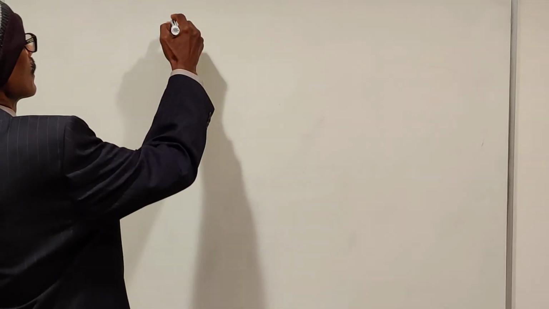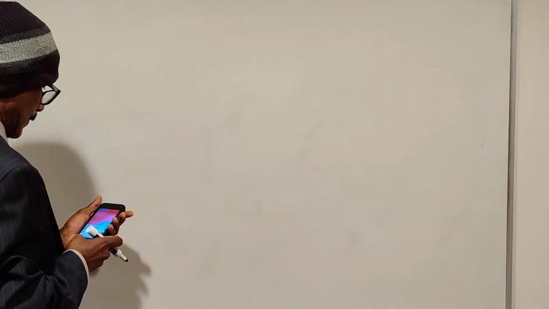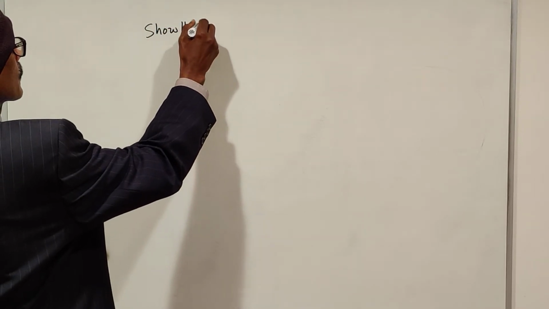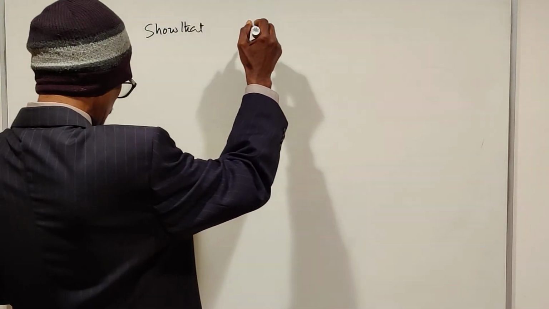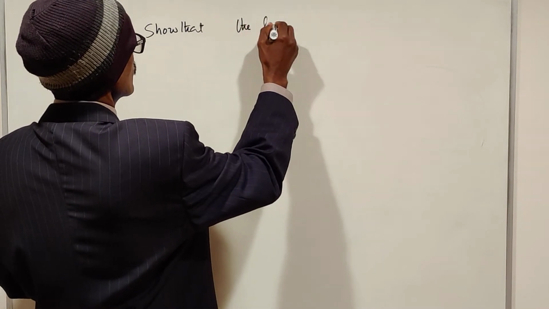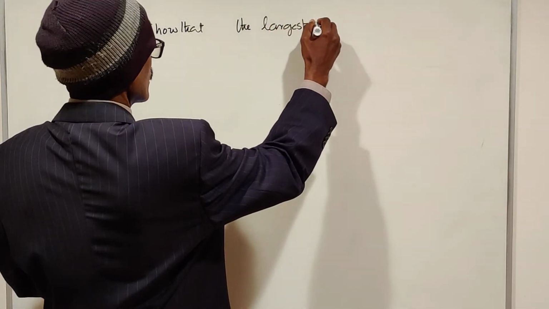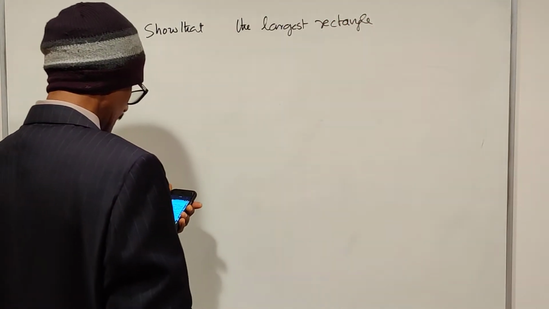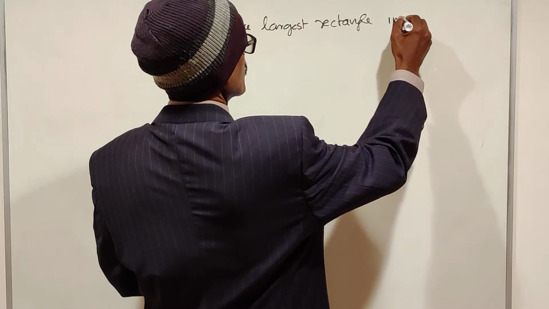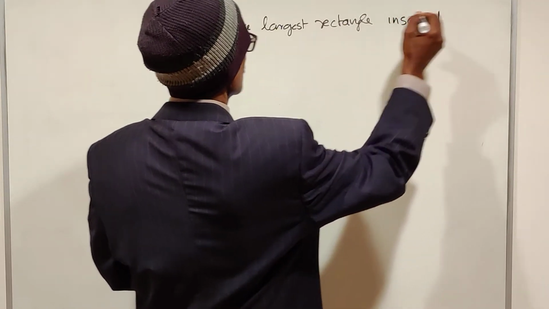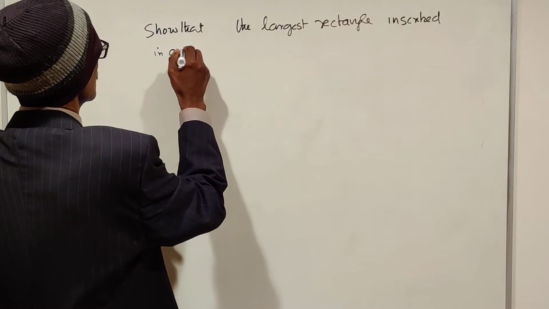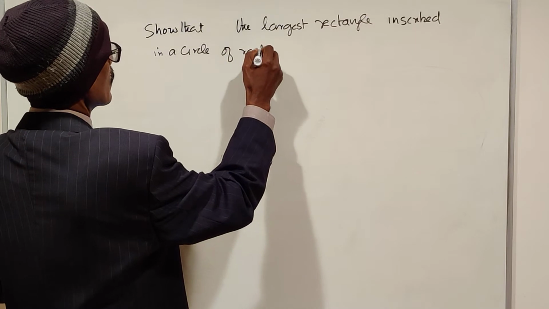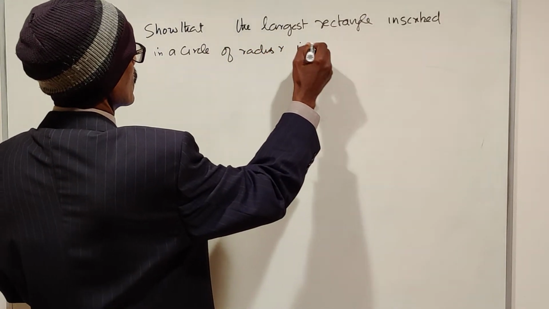Okay. Show that the largest rectangle inscribed in a circle of radius r is a square.